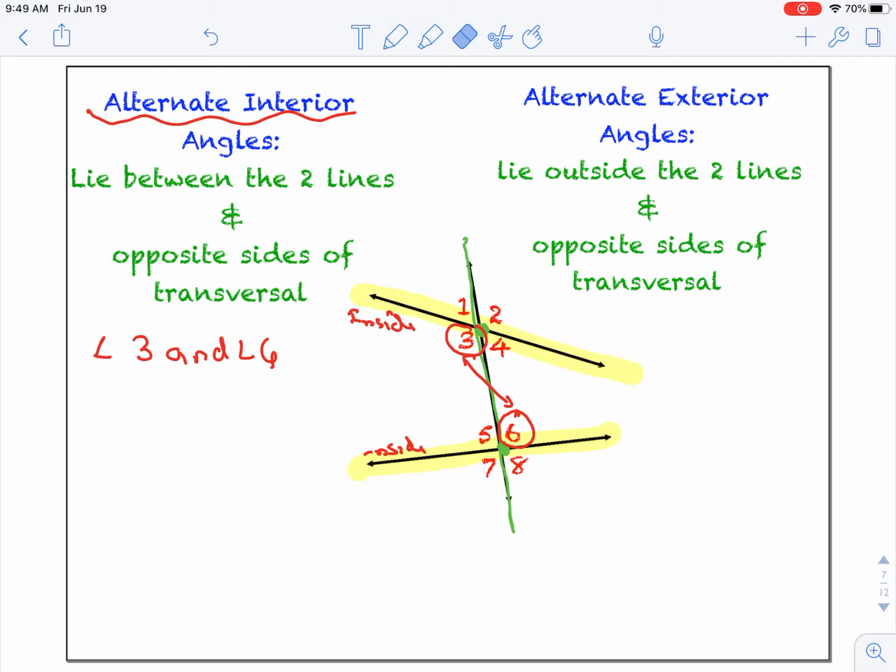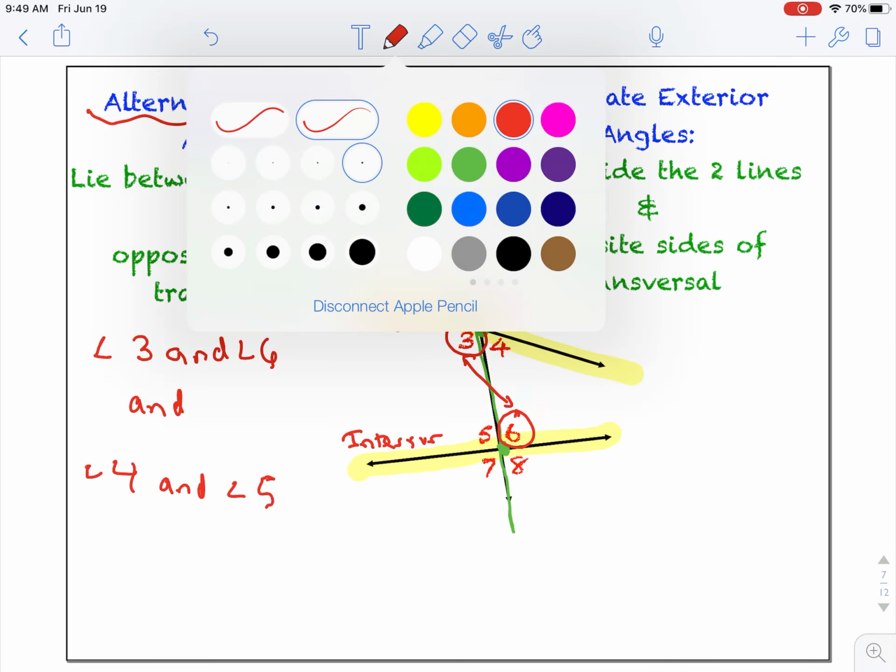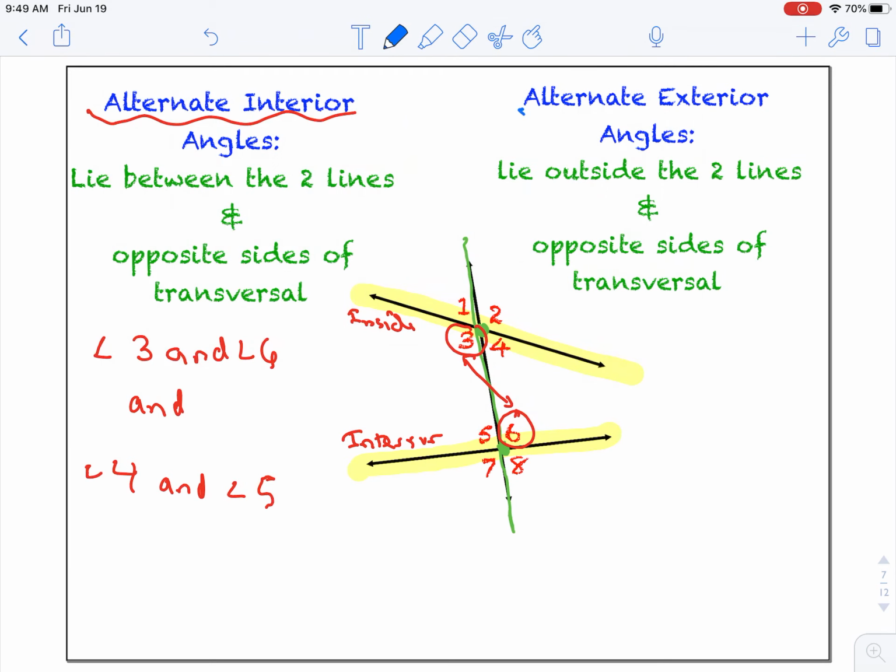So we call them alternate interior. So inside or interior, we could call this. And so it kind of describes itself. Alternate interior angles. Is there another pair? Yes. Angle 4 and angle 5 are alternate interior angles.